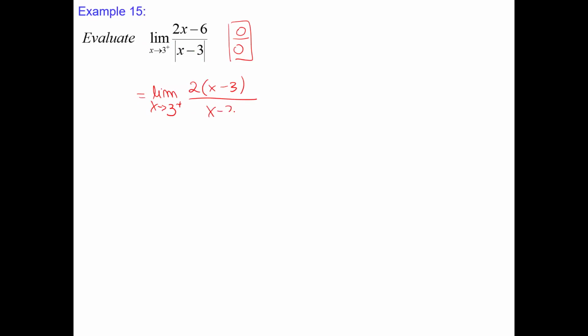Let's check whether the quantity x minus 3 is positive or negative. If x minus 3 is positive, we can rewrite it as x minus 3.